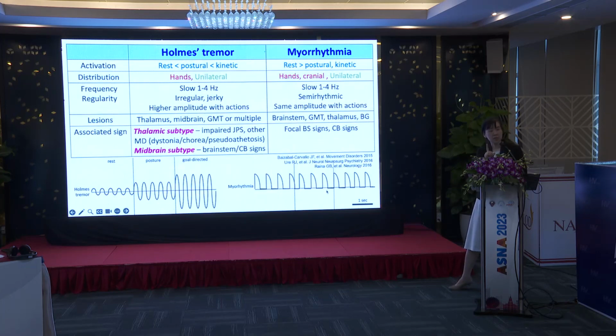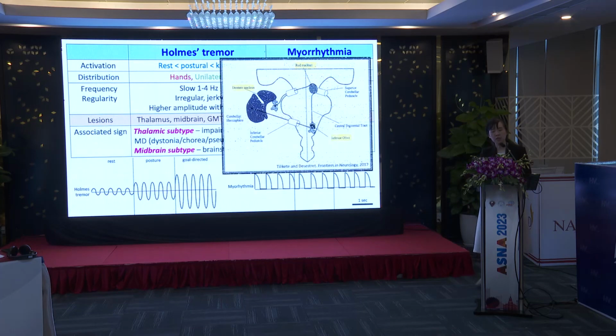But because you can see here that the tremor occurs only on one side, you have to almost always look for structural brain lesions, particularly in the Guillain-Mollaret triangle, which consists of the contralateral red nucleus, contralateral inferior olive, and ipsilateral dentate nucleus.